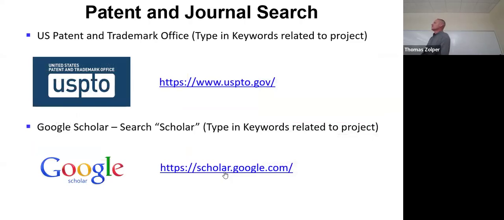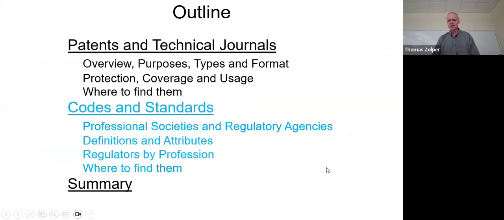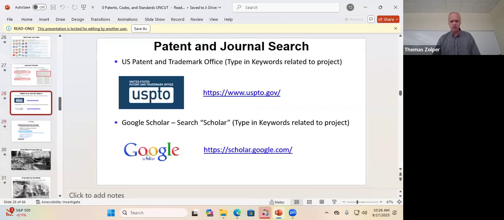So for patents and scientific publications or journal articles, there are a few resources you can go to. There's the U.S. Patent and Trademark Office with their website, which is a little bit bulky and inconvenient to work with. Likewise, there's Compendex. There's a range of different online journal access resources as well.